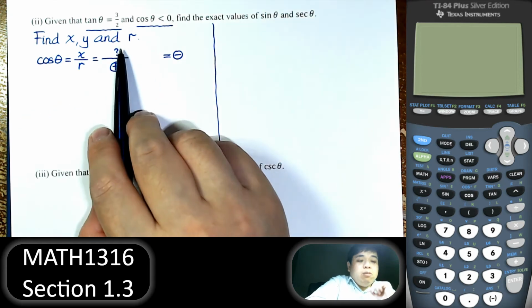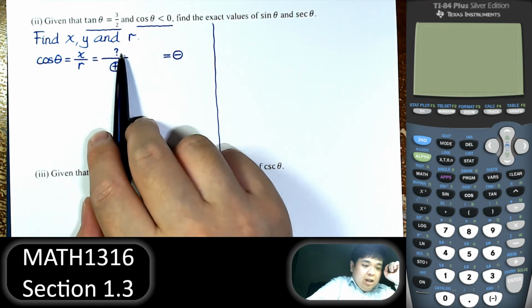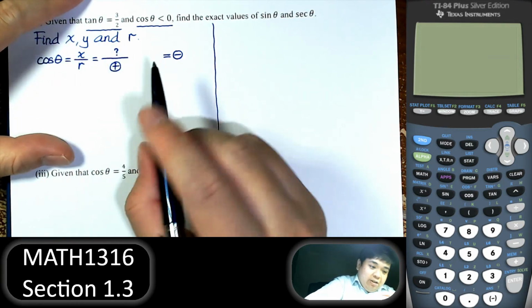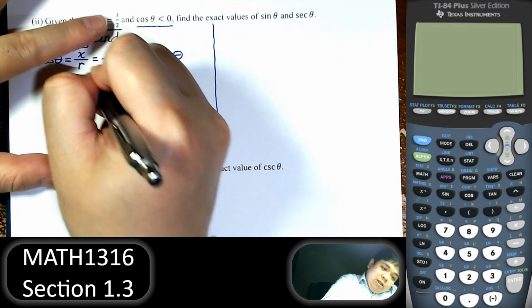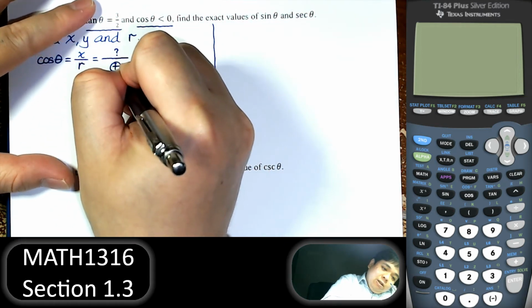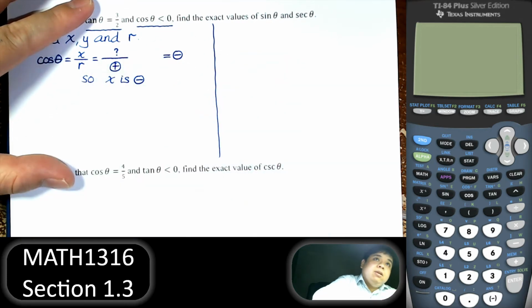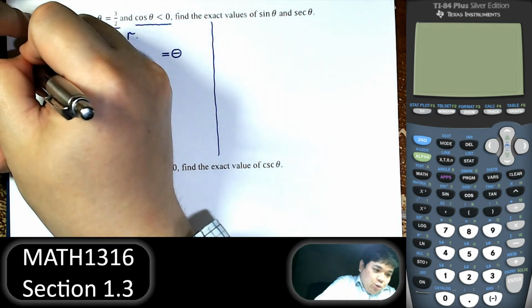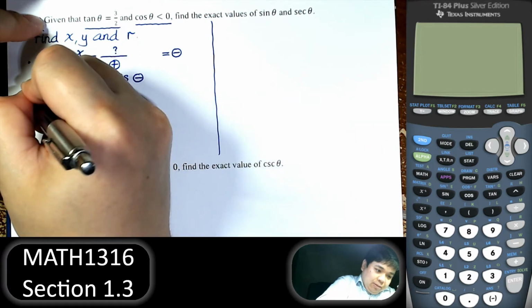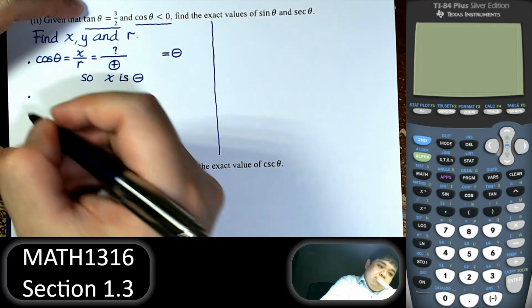Something divided by positive is negative, so x has to be negative. So check the sign. Next, tangent is positive.